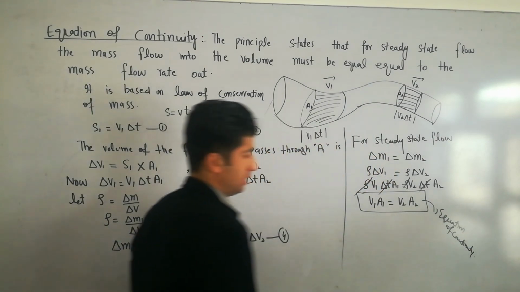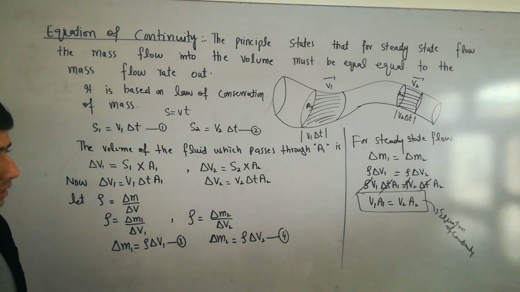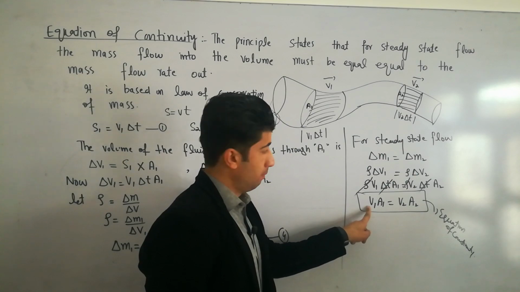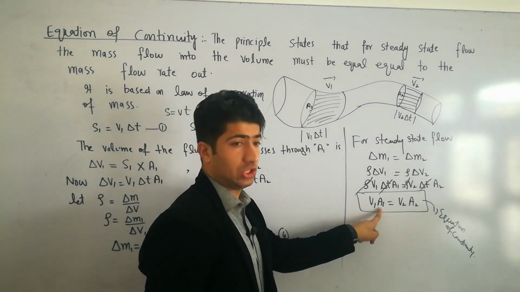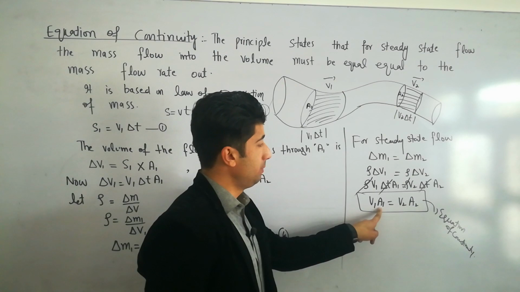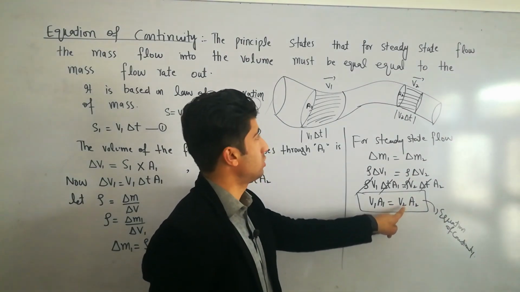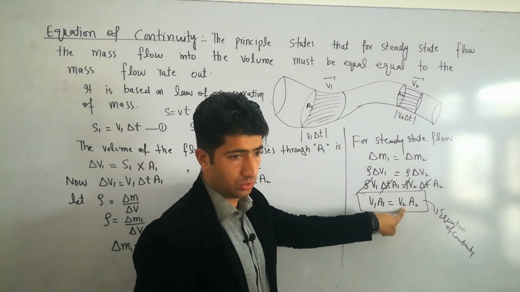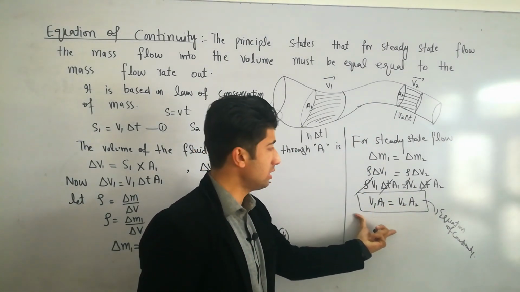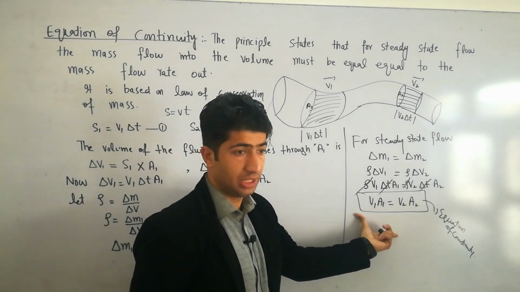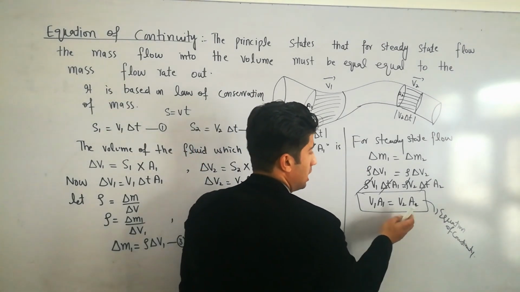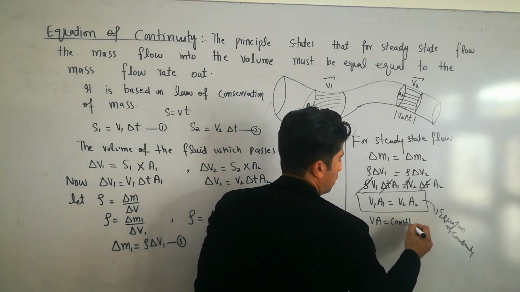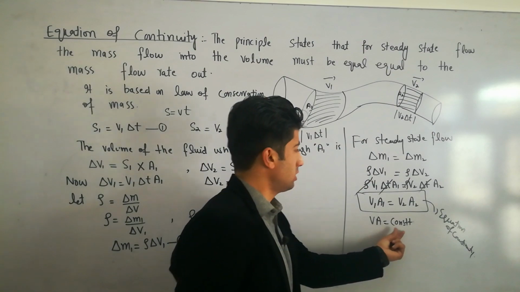It means that the product of the fluid speed multiplied by the area of cross section at A1 will be equal to the speed of the fluid at area A2 multiplied by area A2. Both will be the same. This equation is called the equation of continuity, and it means that VA is equal to some constant. What is this constant equal to?